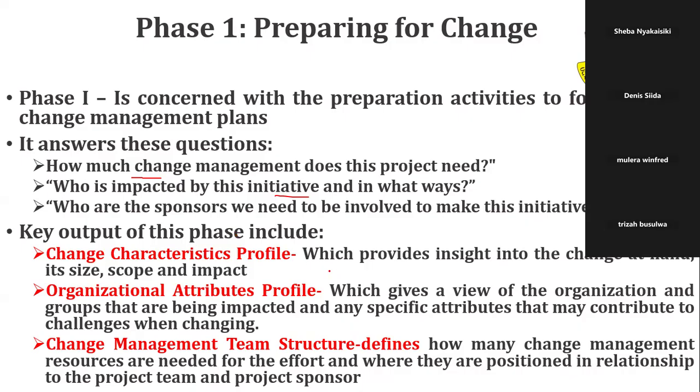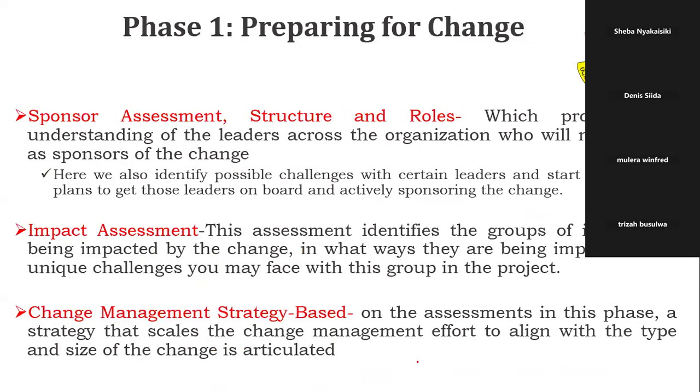Key outputs: you should have a change characteristics profile, organizational attributes, and the change management team structure. Then in preparing for change, you should have a sponsor assessment, structure and roles, impact assessment, and change management strategy.